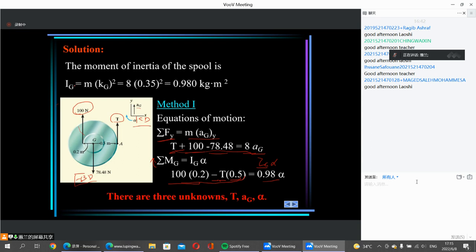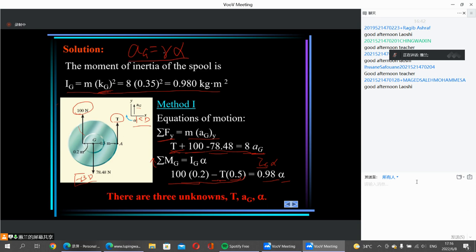IG, the mass moment of inertia, we can calculate directly because the radius of gyration is given. So we have T, AG, and alpha unknown, and we need one more equation. We can have AG equal to R alpha.